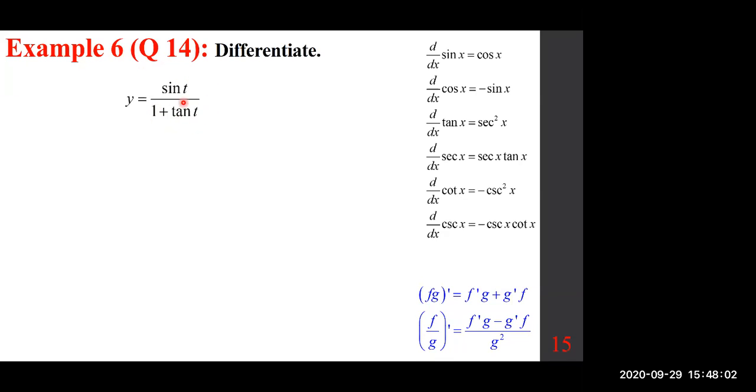Minus, the derivative of the bottom is simply the derivative of tangent because 1 becomes 0, right? Tangent gives us secant squared times the top, and we write that. Now, remember, I don't fuss about the bottom, simply put it in parentheses and square it and keep it intact until the end.